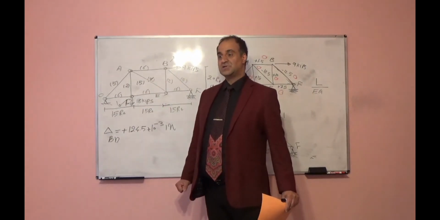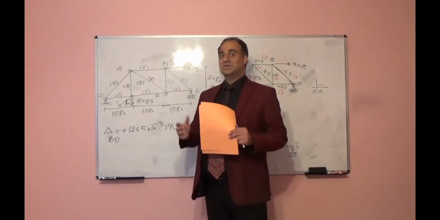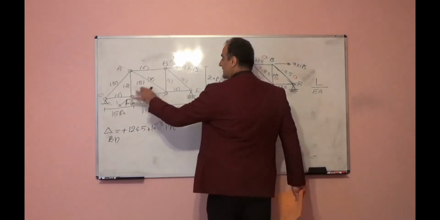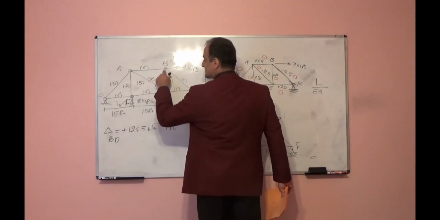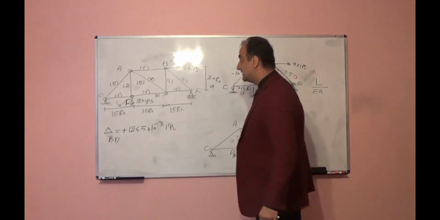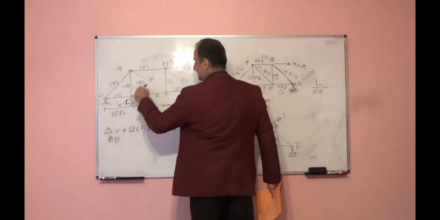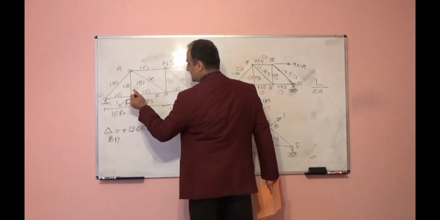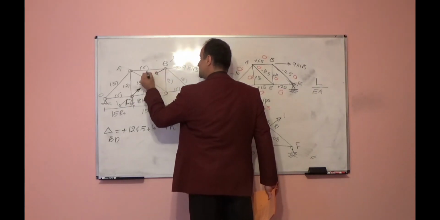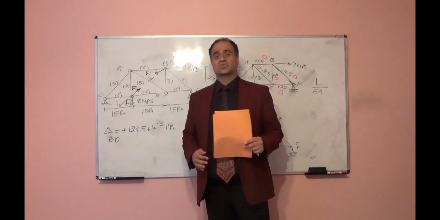For this elongation, we can write a compatibility equation, because if we don't have this member, the distance from B to D will increase by delta BD. Because of that, we will have internal force in this member. That internal force magnitude, we don't know how much it is.